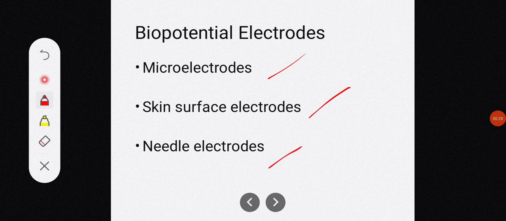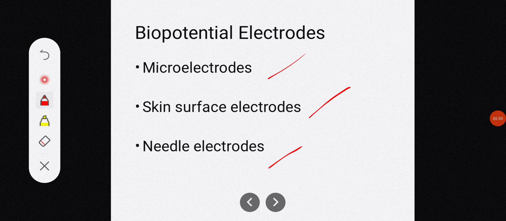So what are micro electrodes? In short, they are used to measure bioelectric potentials near or within a single cell. Skin surface electrodes are used to measure ECG, EEG and EMG potentials from the surface of the skin.